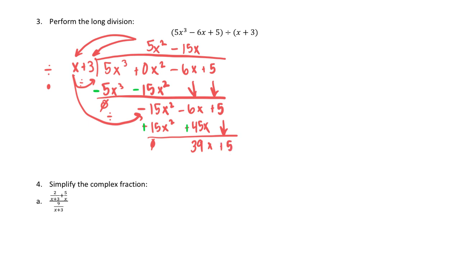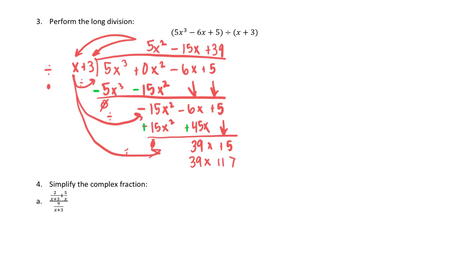Then we're going to find how many times x goes into 39x, so that's 39. And then multiply, we've got 39x. And 39 times 3, let's see, that's 7. Carry the 2. 3 times 3 is 9, plus 2 is 11.